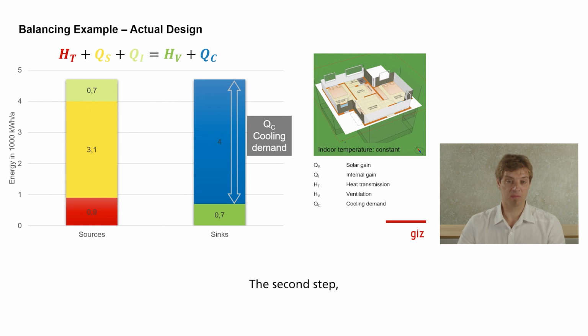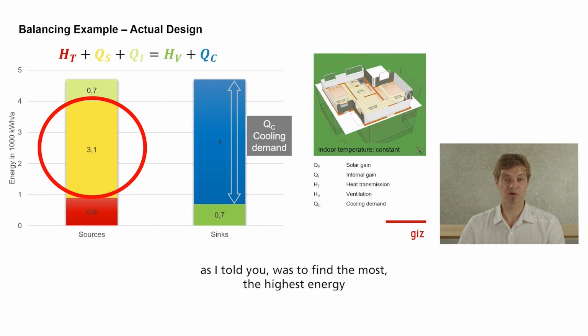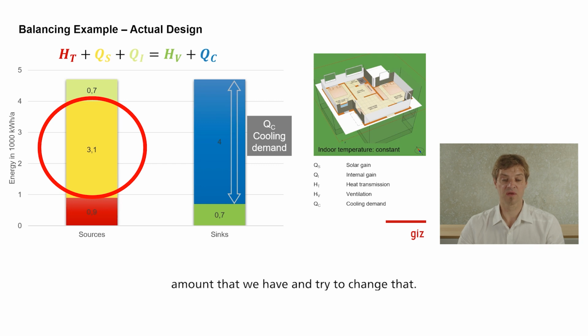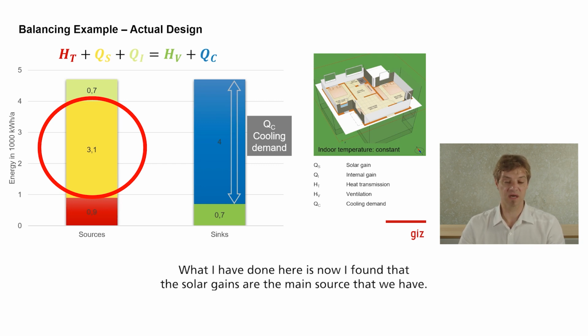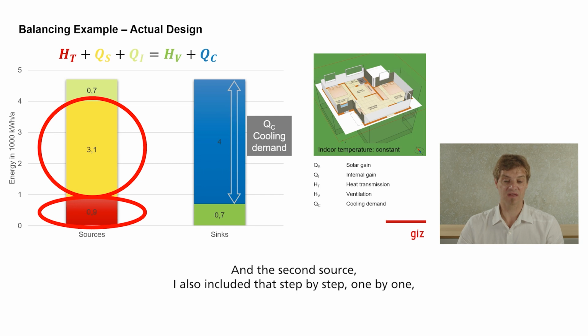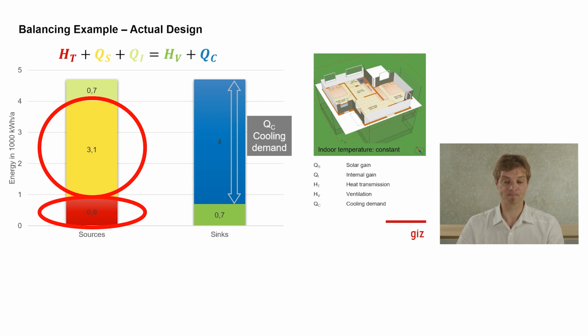So the second step, as I told you, was to find the highest energy amount that we have and try to change that. What I have done here is now I found that the solar gains are the main source that we have. And the second source, I also included that step by step, one by one, that also the heat transmission is quite a huge source.